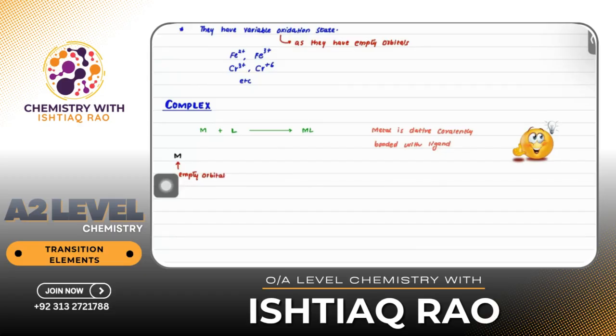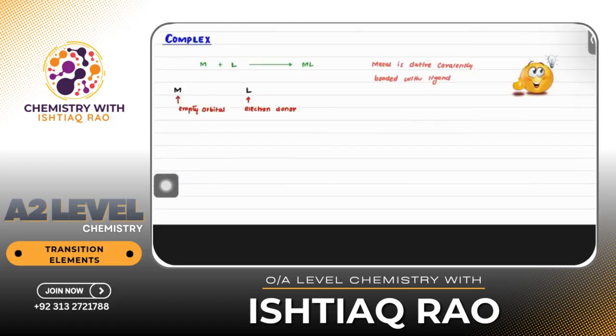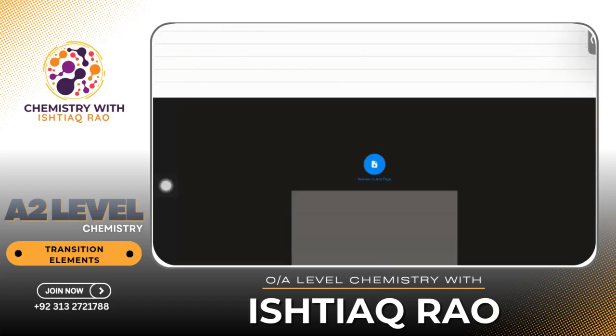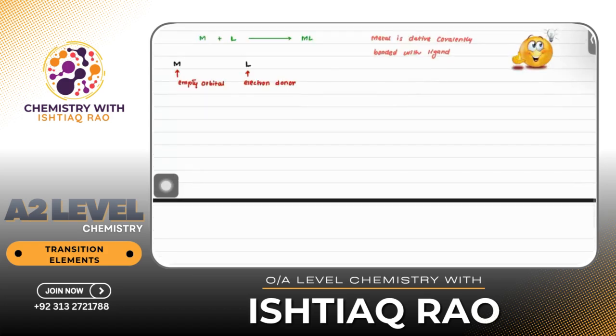And what is a ligand? Ligand means they are electron donors. So the ligand will be donating its electron to the metal and they will be making a dative covalent bond just like that.